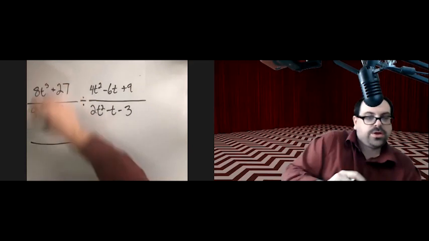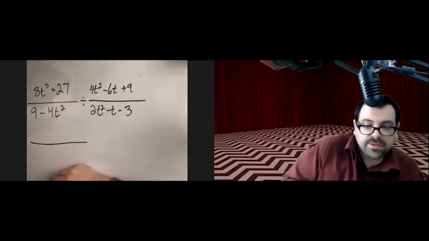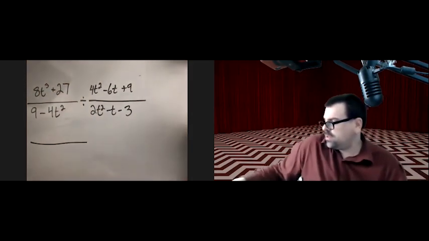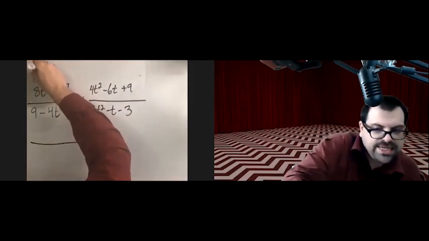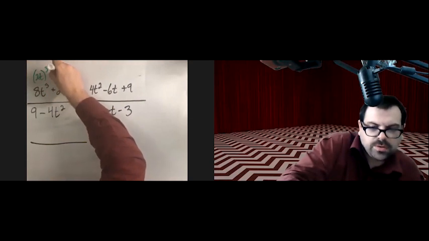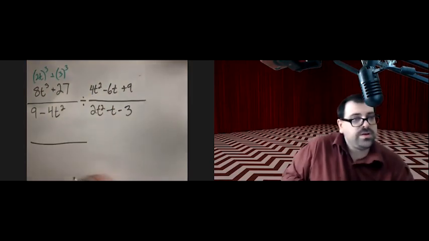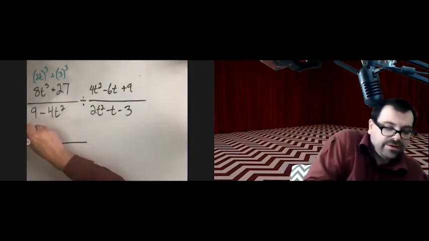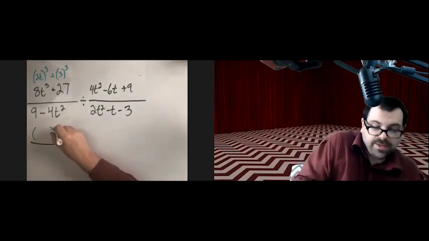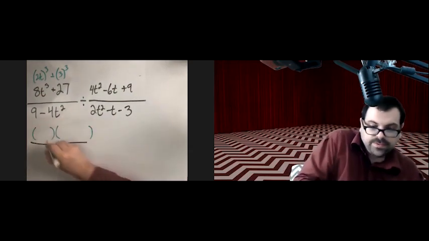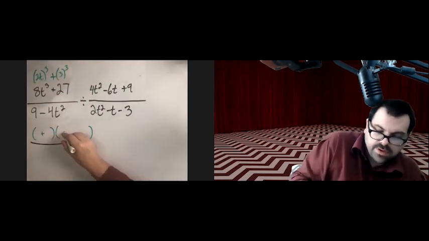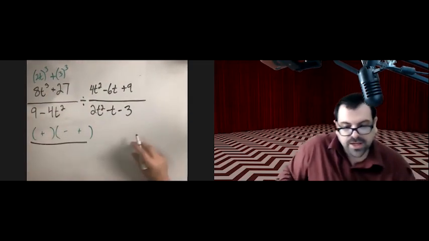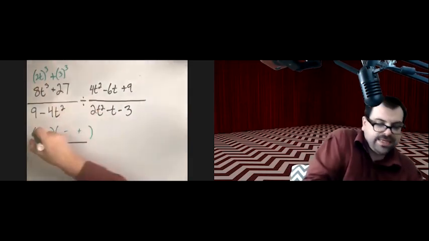So, top left, this is a sum of cubes. This is 2t cubed plus 3 cubed. Remember, we have our SOAP formula. It's a sum, same, opposite, always plus. 2t and 3.